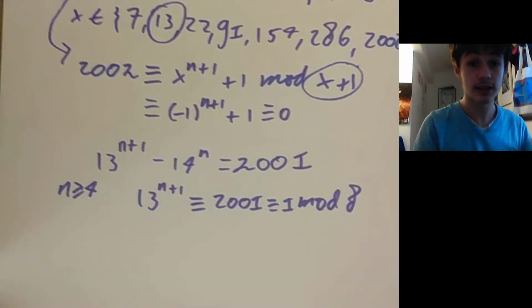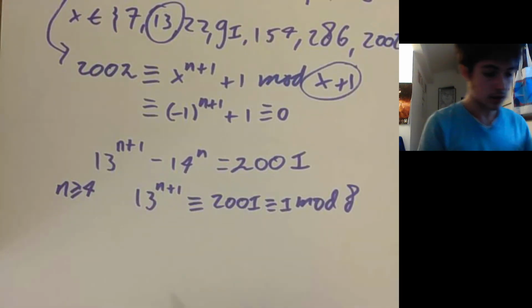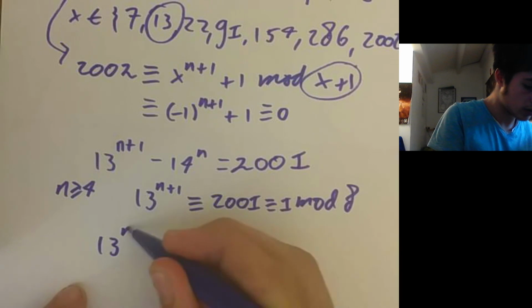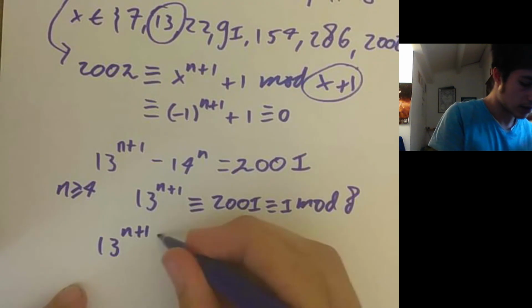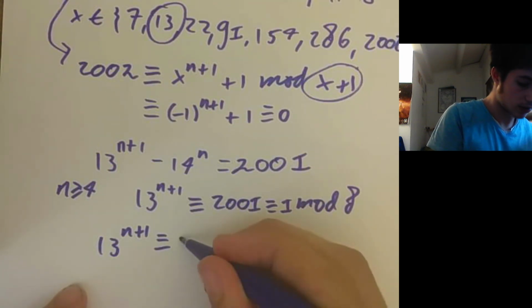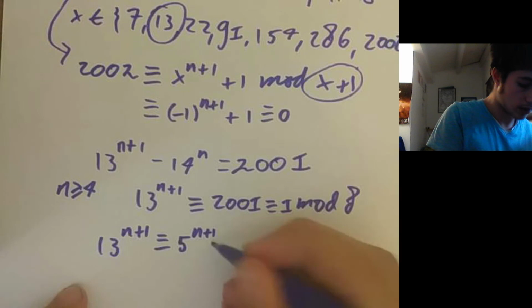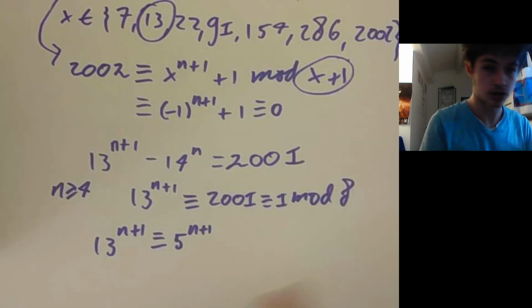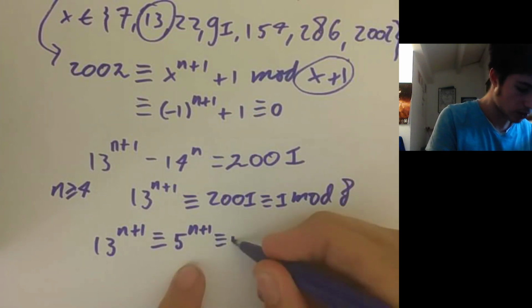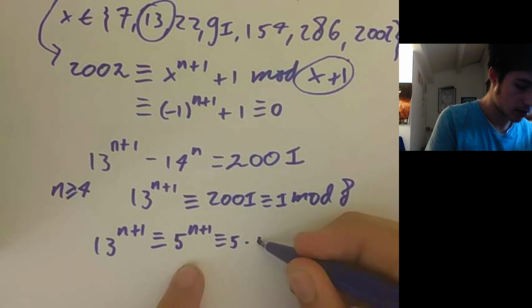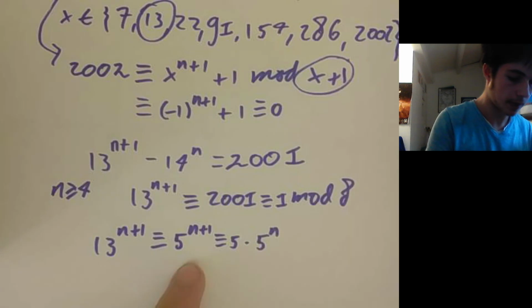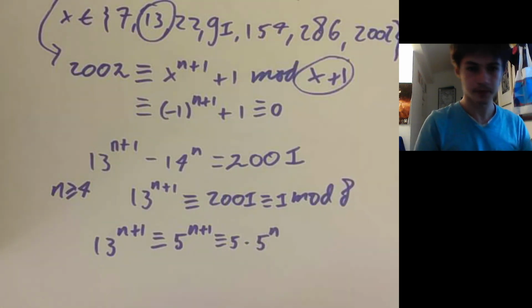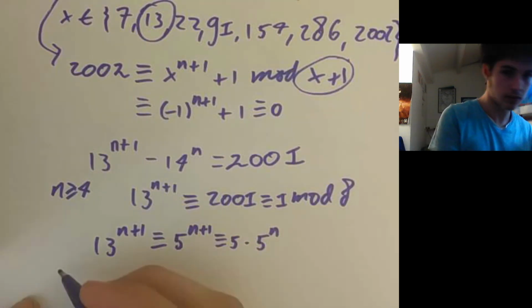But on the other hand, 13^(n+1) is going to be congruent to 5^(n+1). We're working still modulo 8. That is congruent to 5 times 5^n. But n was even.